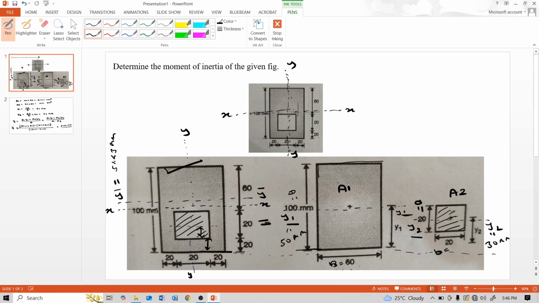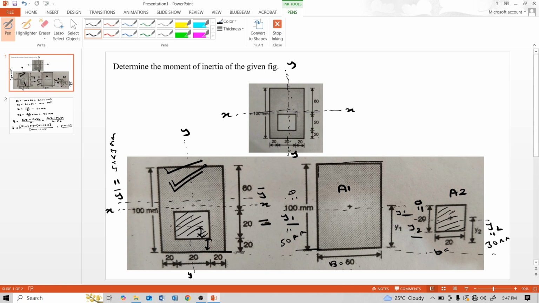The neutral axis is this 51.43 mm, because we have to find the moment of inertia for this section, and for this section the neutral axis is 51.43 mm, not 50 mm.